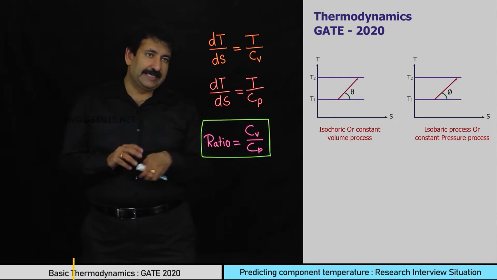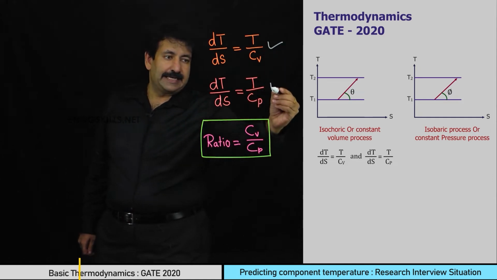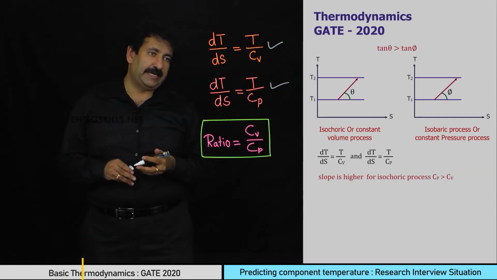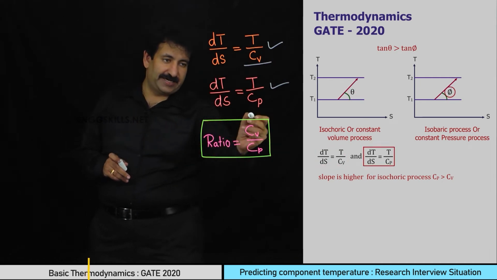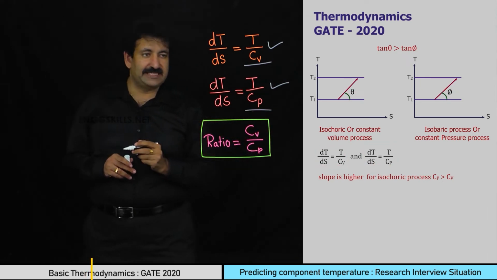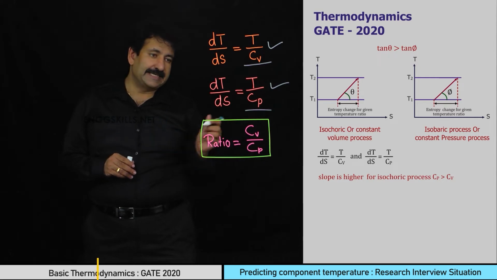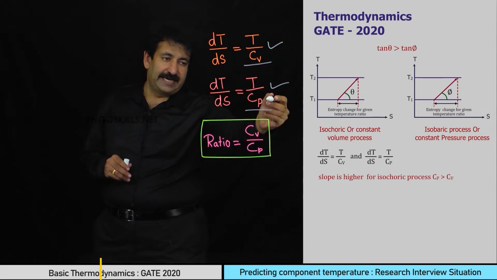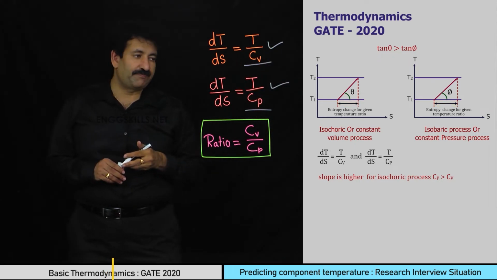Of course, if you consider the slope, it is higher for the isochoric process and lower for isobaric process, which again goes to justify that entropy change is higher in case of a constant pressure process or isobaric process compared to the constant volume or isochoric process.